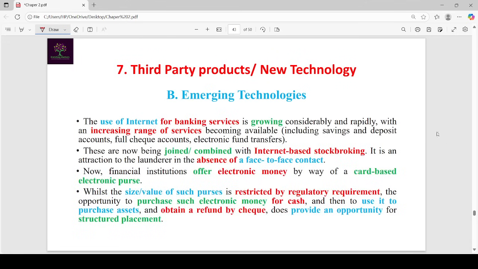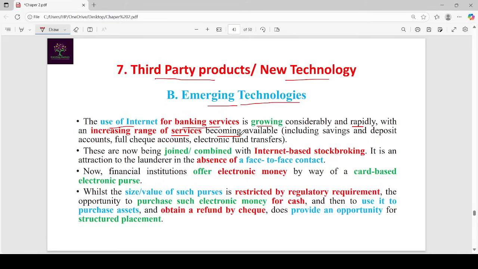Next method, under the category of third party products or new technology, is emerging technologies. Use of the internet for banking services is growing rapidly with an increasing range of services becoming available. If you have an internet facility, then you can use almost all banking services except cash.